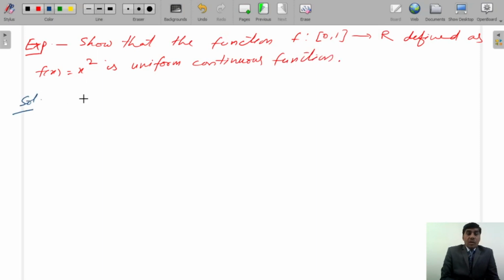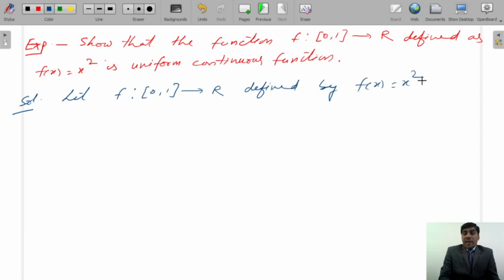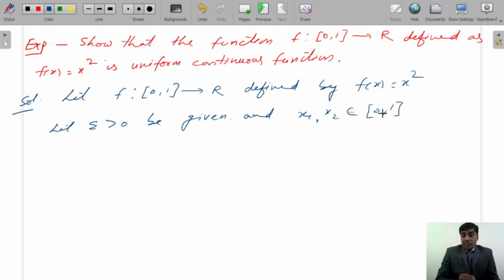Solution: let f be a function from [0, 1] to R defined by f(x) is equal to x square. Let epsilon greater than 0 be given and x1, x2 belongs to [0, 1].